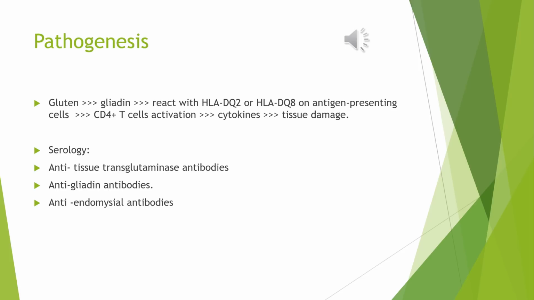Actually, it is not known whether these antibodies are the cause of the disease or they are produced in response to the entrance of gliadin, and the starting point is still a controversial issue. But these antibodies are very important in the diagnosis of the disease, so they are diagnostically useful, and they can also be used for monitoring the response to a gluten-free diet.